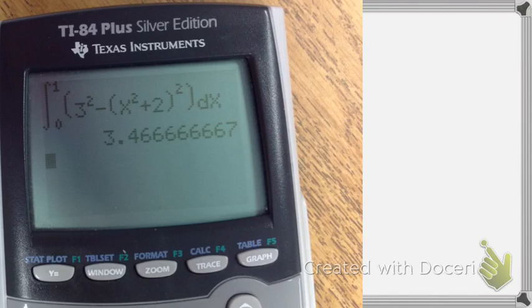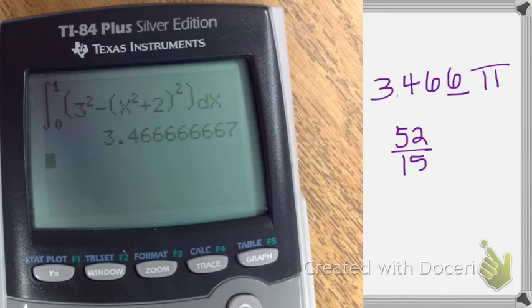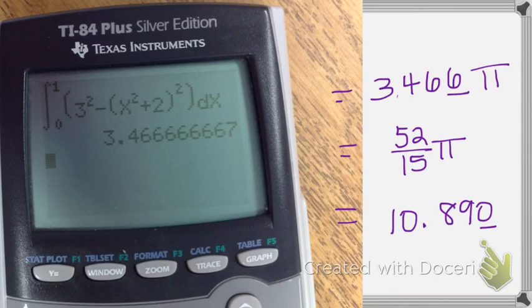And so your answer, if you want to write it this way, would be 3.466 or 67 pi. Or if you want to change that to a fraction, you can do that. You would get 52 over 15 pi. Or if you want to multiply by pi and say that the answer is 10.890 or 1, any of these answers would be correct. I think sometimes it's easier not to put the pi in the calculator. I just think it looks easier, but you can do it however you want.